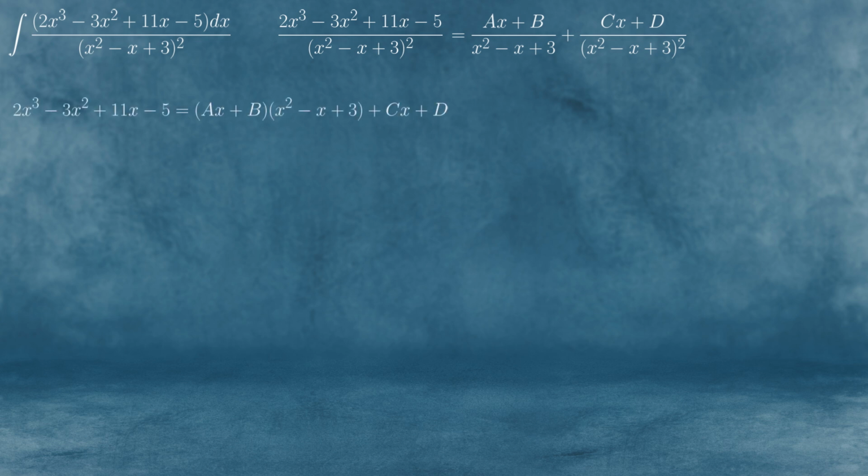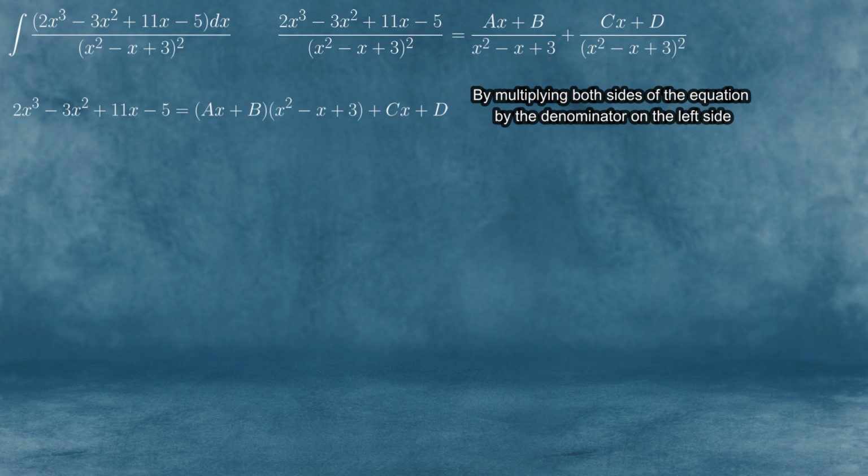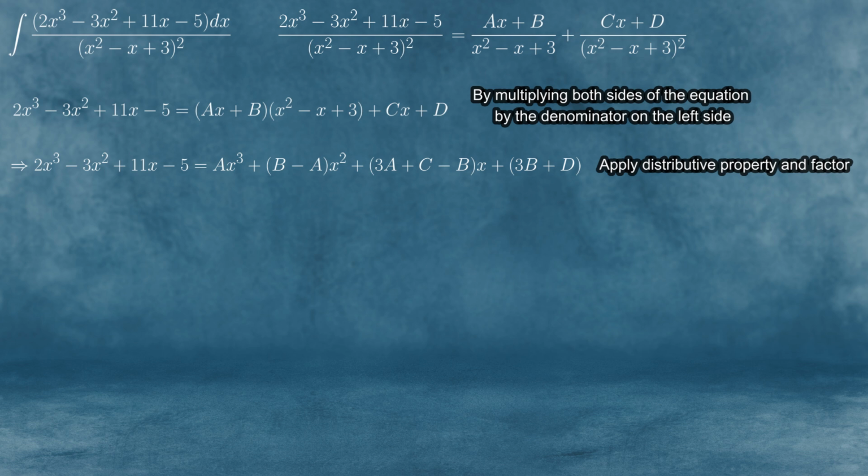Now, we need to find out the exact values of A, B, C, and D. The way in which we do this is exactly the same way as we did in the previous case. If we do so, we will find out that A is equal to 2, B is equal to -1, C is equal to 4, and D is equal to -2. I challenge you to check these values.